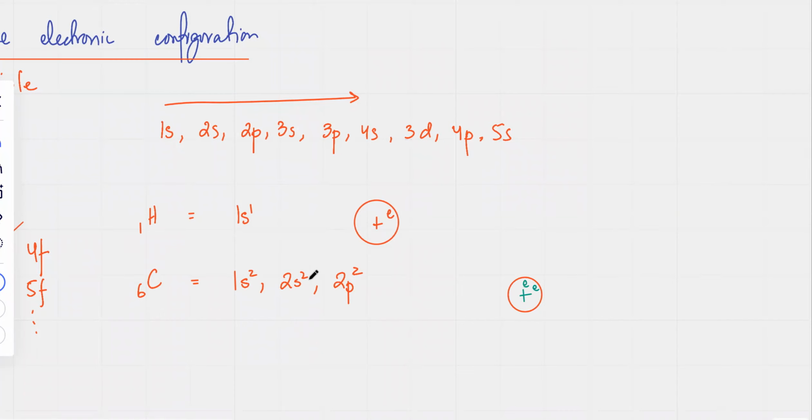Then you have a 2s subshell. A 2s subshell will have a maximum of 2 electrons as well. Now what's the difference between 1s and 2s? The 2s would be bigger in size. The electrons in the 2s subshell are going to be much further away from the nucleus. So let me draw this again.